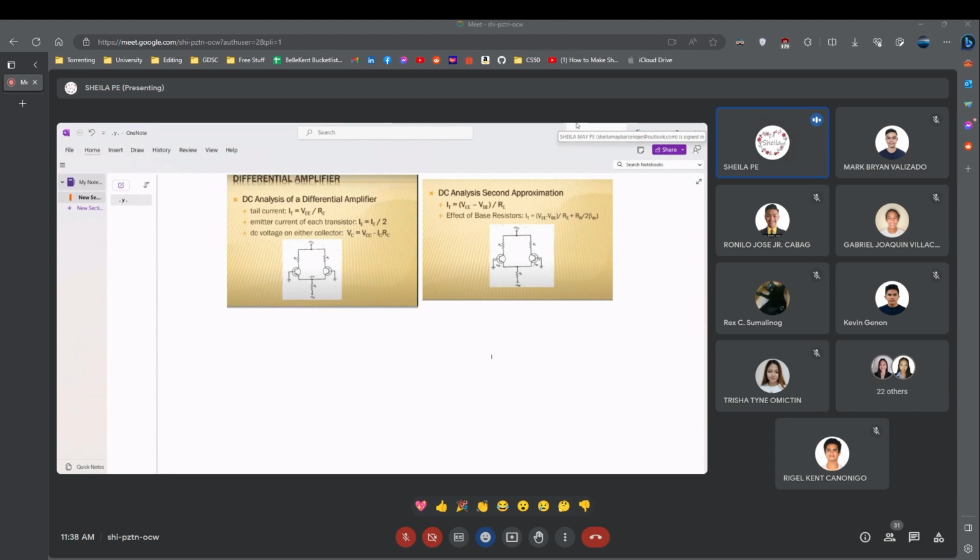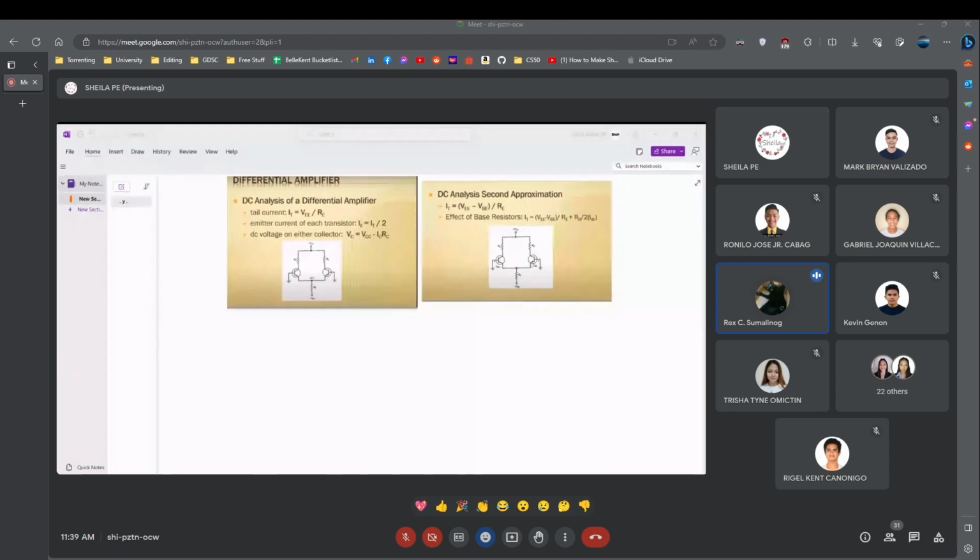Who can give me the three approximations of our transistor? Unsa man to siyang mga approximation? Katong ideal, real og... Yeah, that's right.